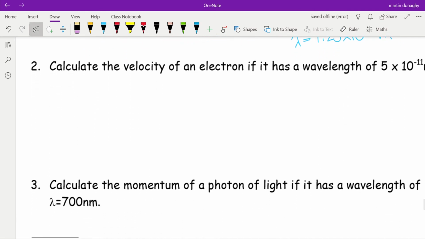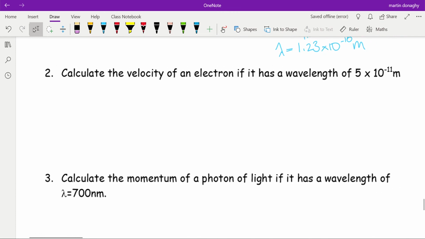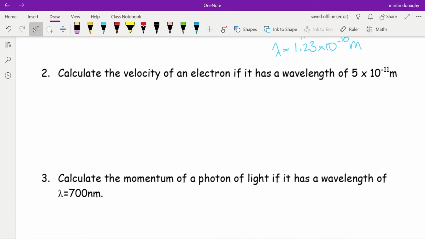Next question is working the other way around. So we're given the de Broglie wavelength and we have to work out the velocity. So our equation is that, but we can just put in that the momentum is just m times v.